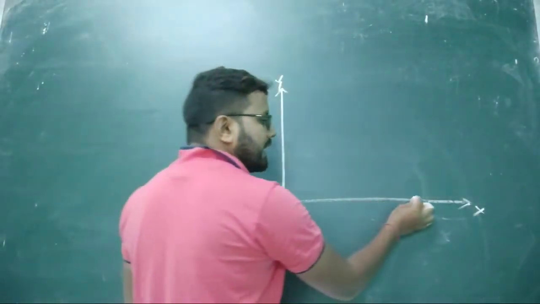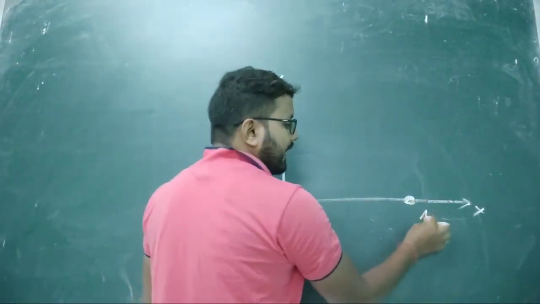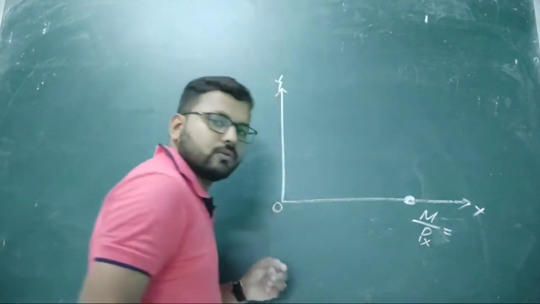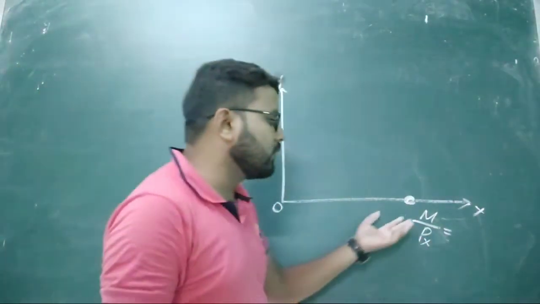The point on the x-axis is m divided by px. We already got the value of m by px.